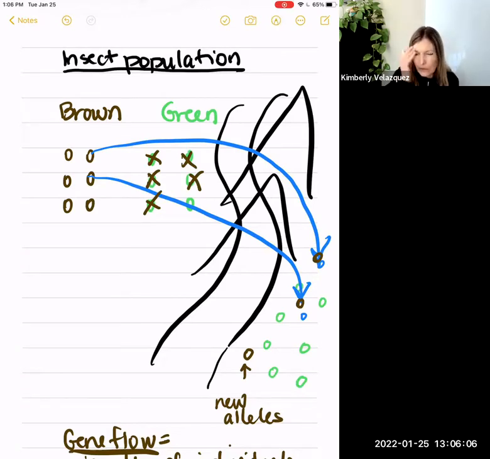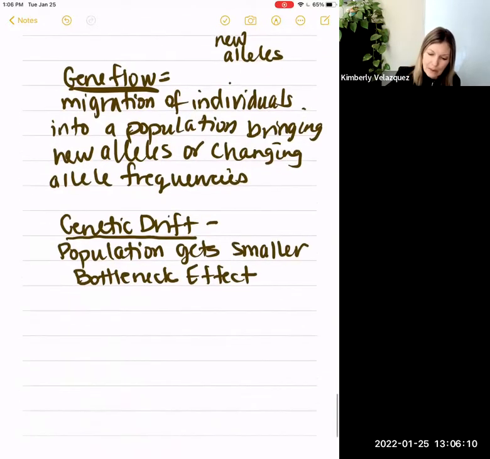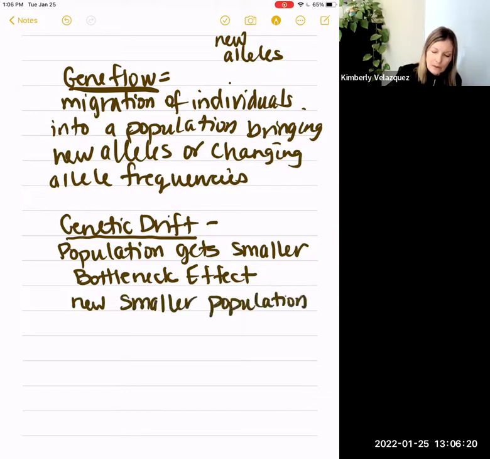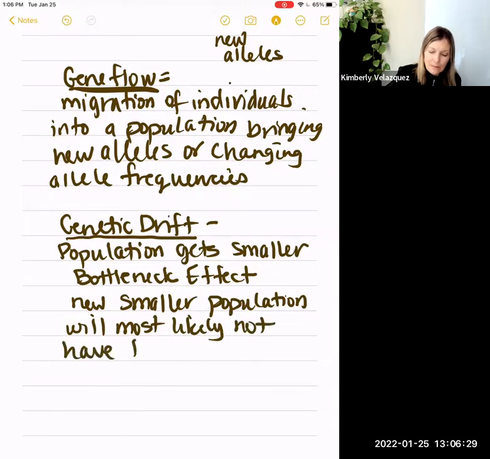It had nothing to do with who could swim better or who could survive better. It just was random. That new, smaller population will most likely not have the same allele frequencies. And in fact, we could lose some alleles.